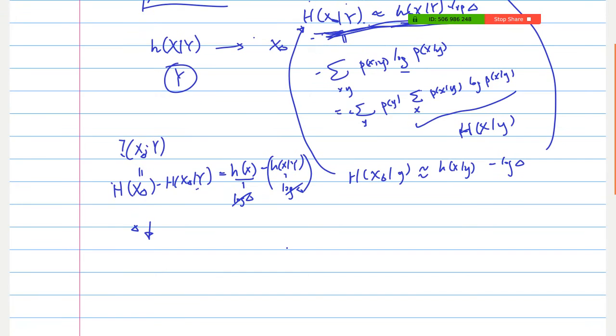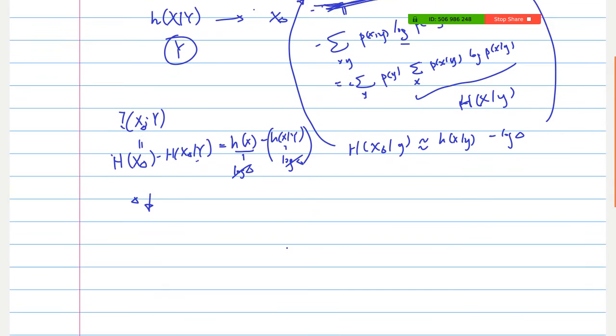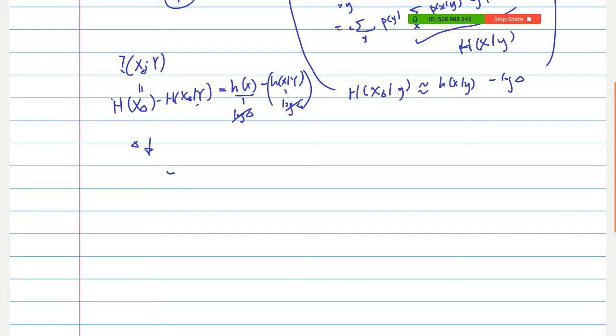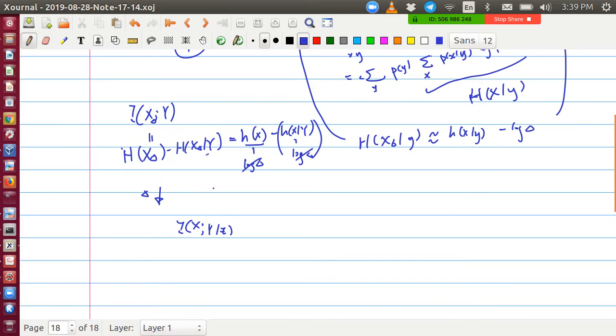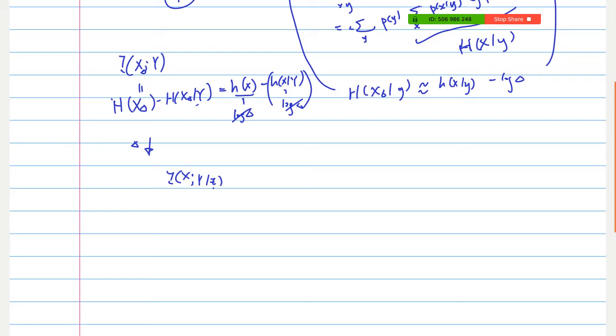So let me also look at the conditional mutual information, I(X;Y given Z). Basically I can do more or less the same thing. I can write this as H(X given Z) minus H(X given Y, Z).